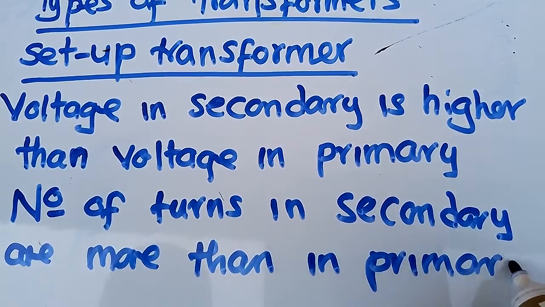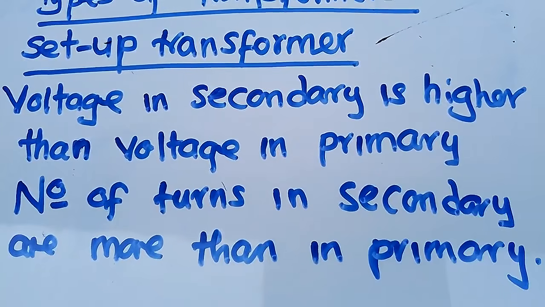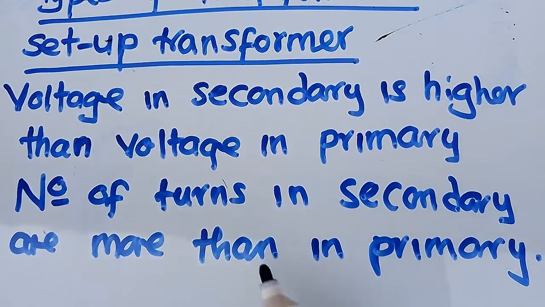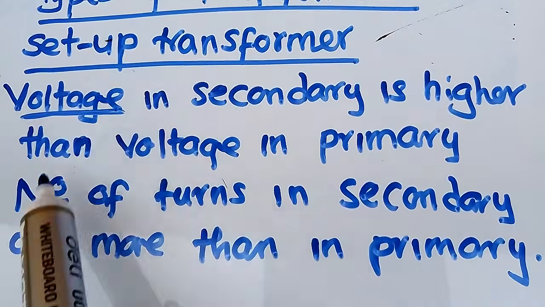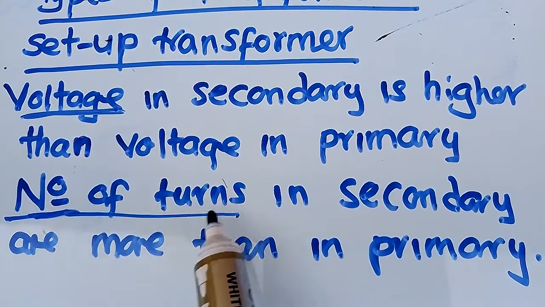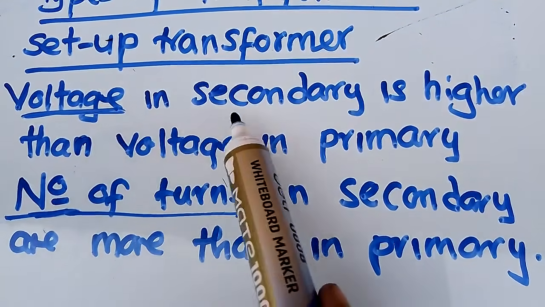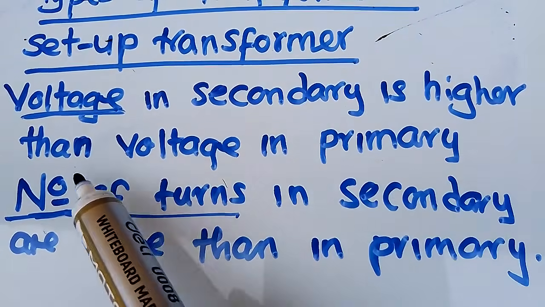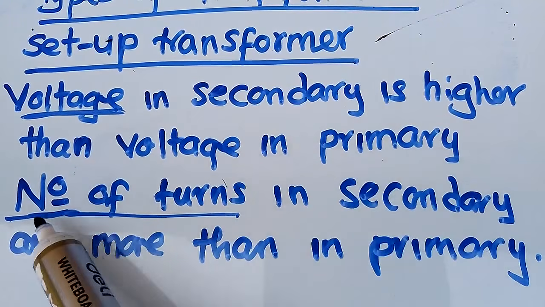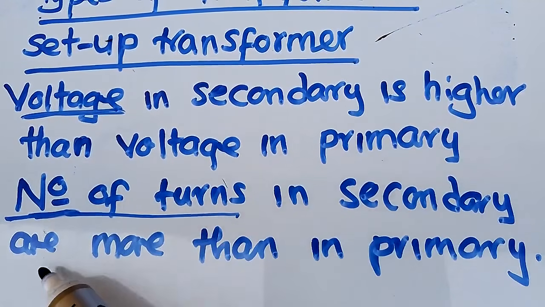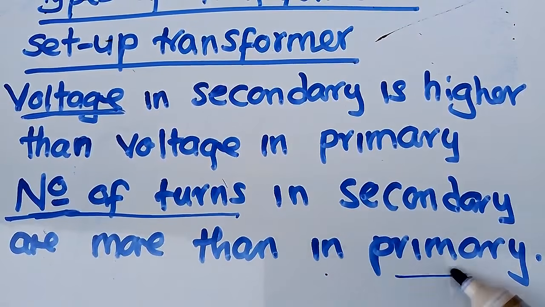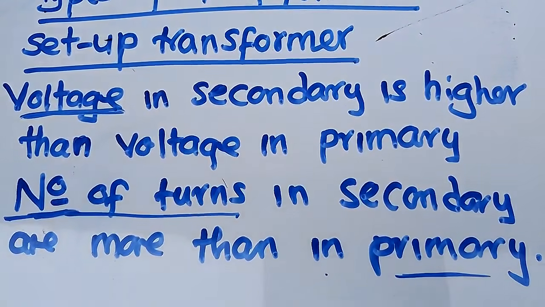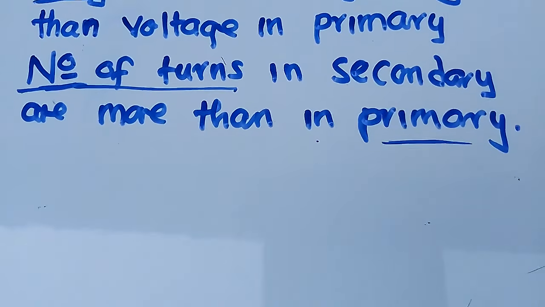These are two things that you need to understand: voltage and the number of turns. Voltage in secondary is higher than voltage in primary. Then the number of turns in secondary are more than in primary.